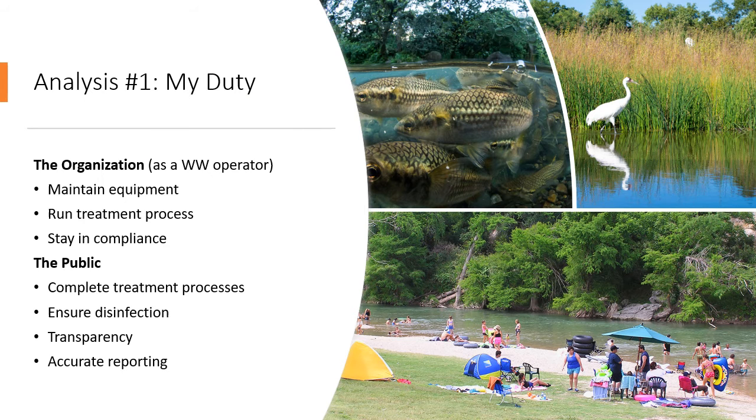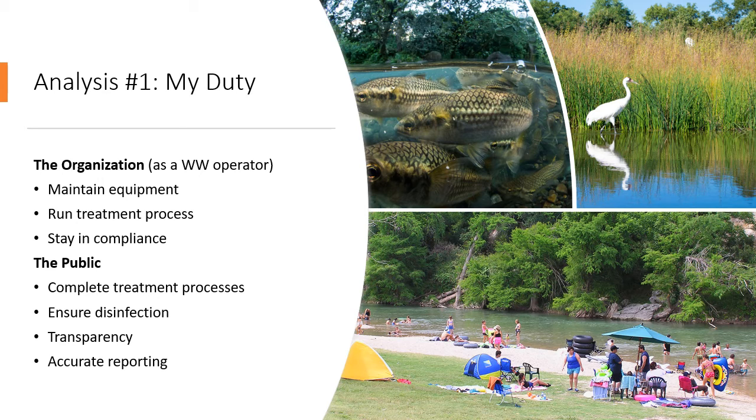So in this instance, if I was the operator who came across this situation, what are my duties? One set of duties are to the organization itself. As a wastewater operator that works under the organizational umbrella, my main job is to maintain equipment, run treatment processes, and try to stay in compliance at all times. But I also have another set of duties as a public employee to the public itself.